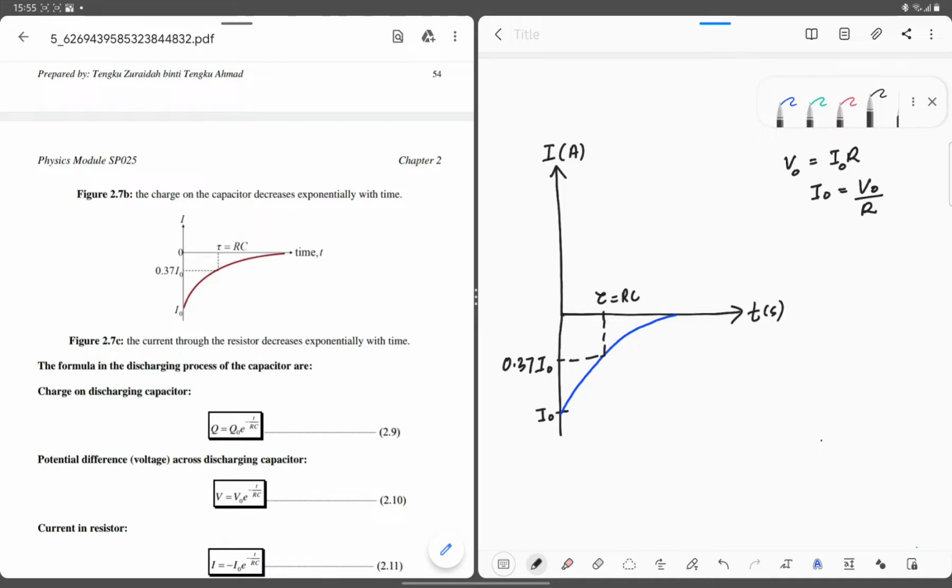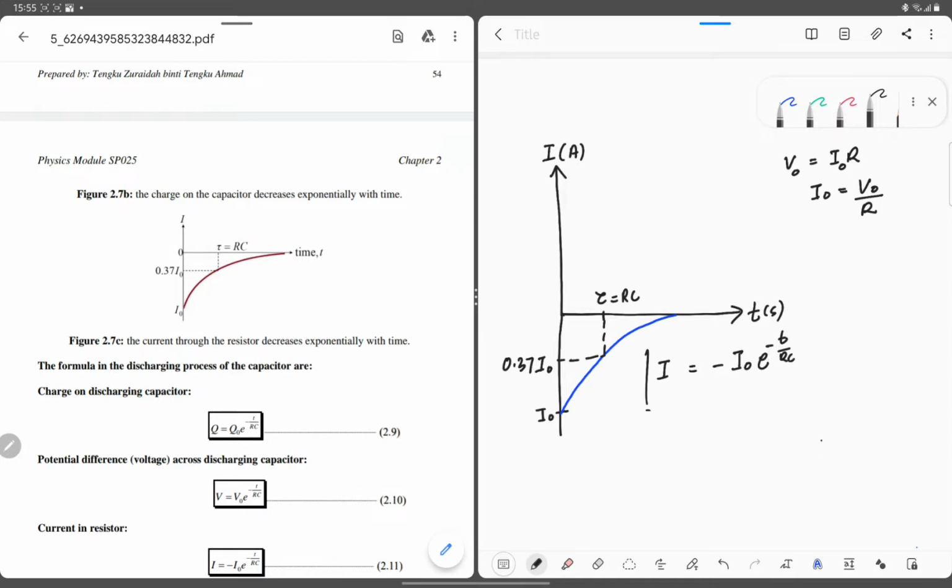Okay, so that's the graph of I against t for the discharging process, and how are we going to represent this graph with a mathematical equation? So we have I equal to negative I naught exponential negative t over RC.